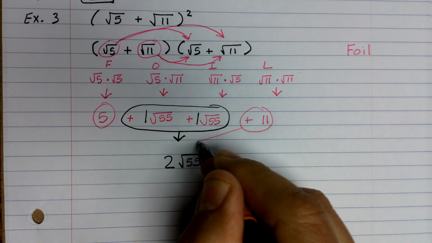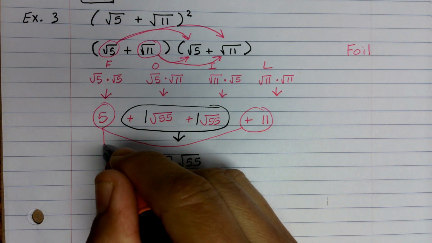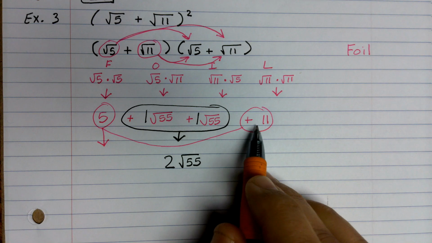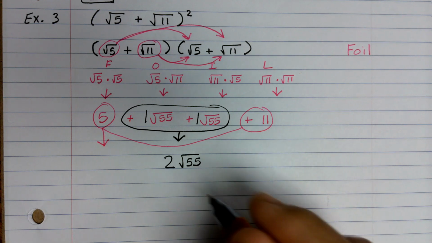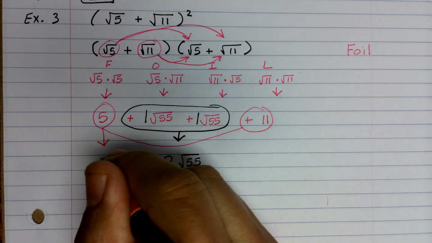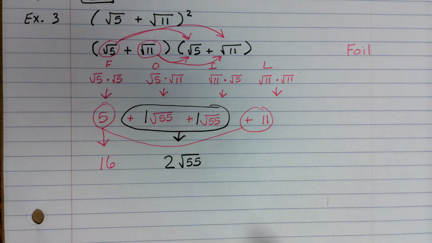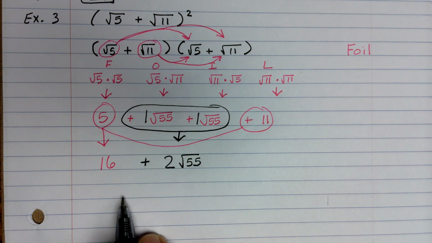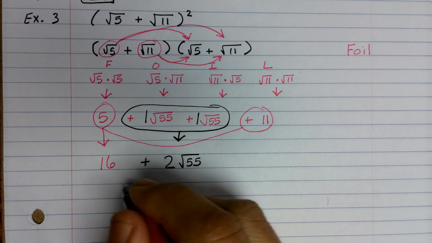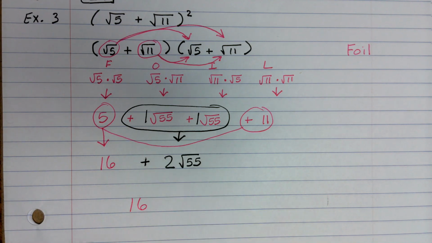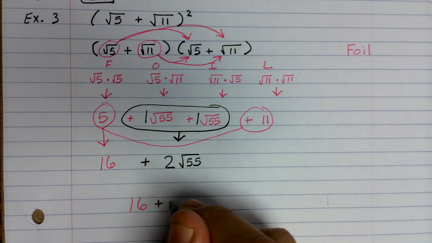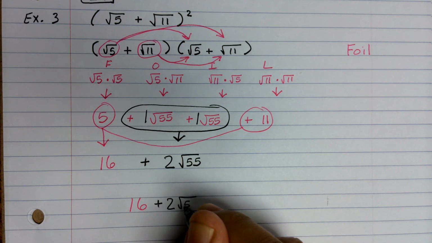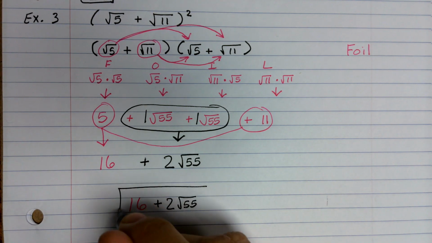So I'm simply going to take this over here and put it together with the 5, and 5 plus 11 is going to give me 16. And this 2 square root of 55 is positive. So for my final answer, just to make it look nicer and cleaned up, I simply have 16 plus 2 square root of 55 for my final answer.